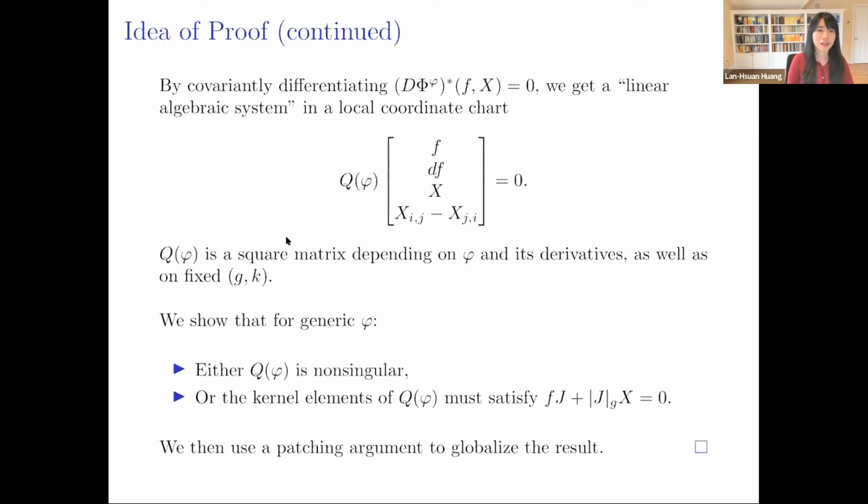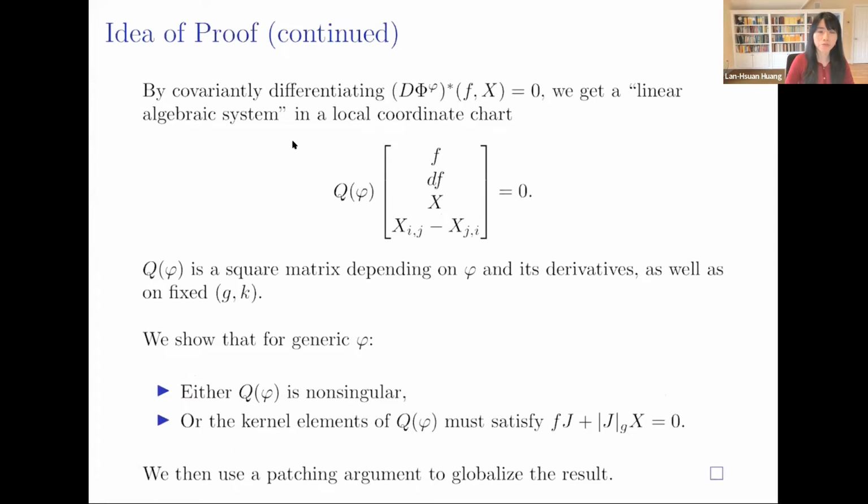This thing would be extremely hard to write explicitly because it involves a lot of curvature terms and derivative terms. But fortunately for this special case, we can actually keep track of phi. By keeping track of phi, we can derive, and this can be made precise in our paper, that for generic phi, this matrix is non-singular, which means from linear algebra that the null space is trivial, right?